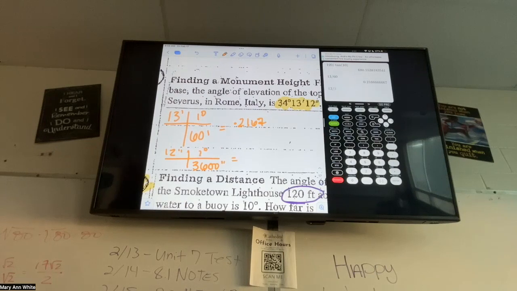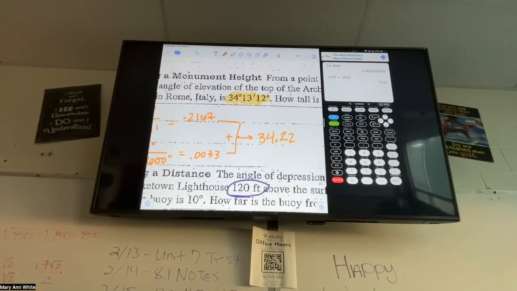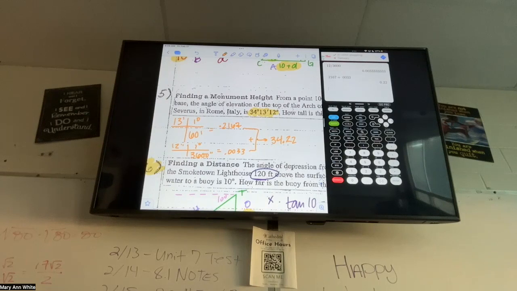So 12 divided by 3,600, 0.0033. Then we remember that we add those together. So it'll be 34 point whatever those added together are, 0.2167 plus 0.0033, 0.22. So that is going to be my degree as my angle of elevation when I draw my picture.